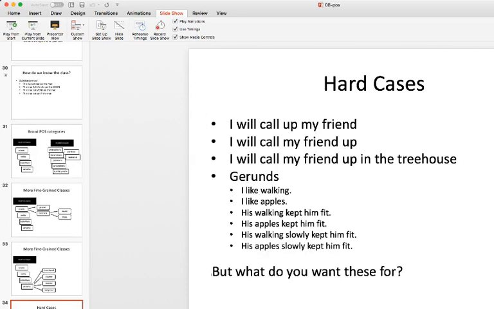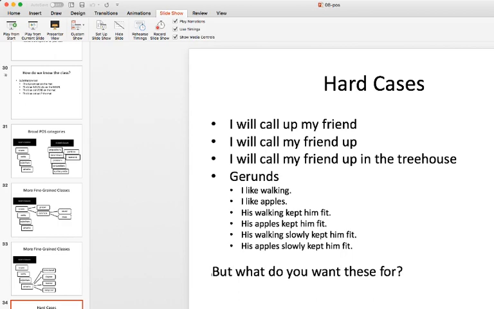But even given that, there are some hard cases. Some of these are not super hard, they just look weird. So: I will call up my friend. I will call my friend up. I will call my friend up in the treehouse.